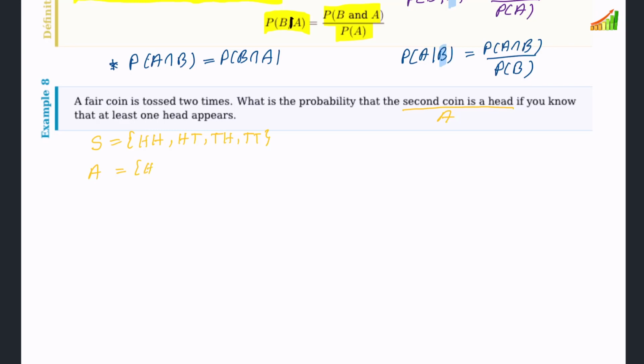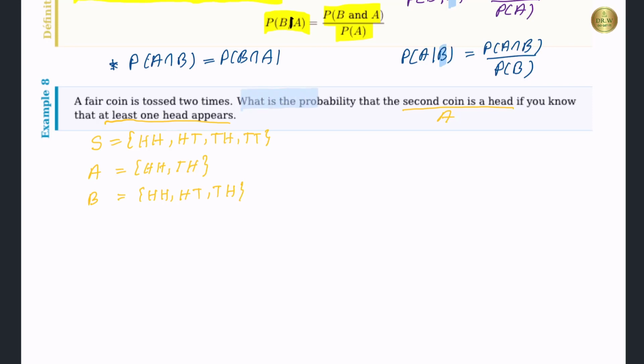That means the first can be head or the first can be tail, but the second must be head. Then the next event, at least one head appears, I define as B. B is at least one head appears. It can be one head or 2 heads, right? So this is the event B.